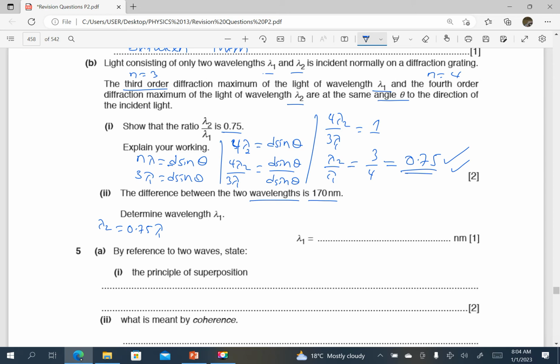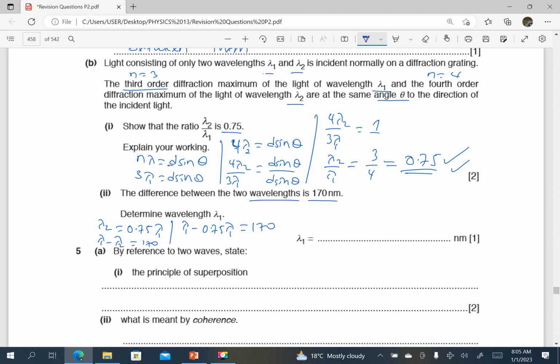And they have told us that the difference is 170 nanometers. In other words, lambda 1 minus lambda 2 is 170 nanometers. But lambda 2 is 0.75 lambda 1. So we shall say lambda 1 minus 0.75 lambda 1 should be equal to 170. There is a 1 in front of lambda 1.